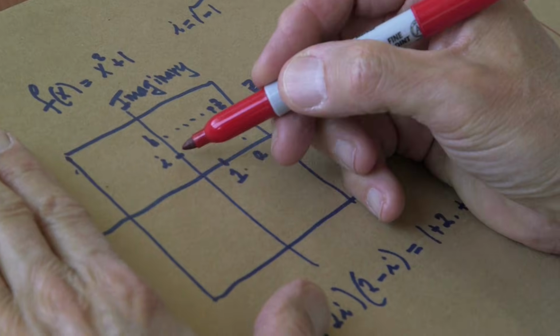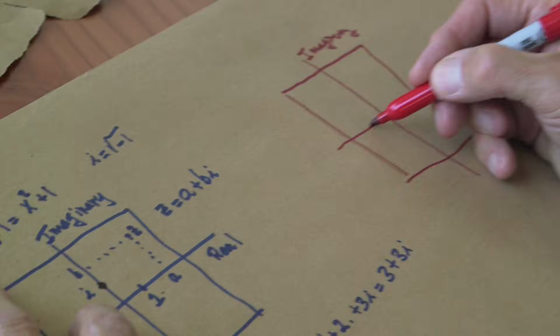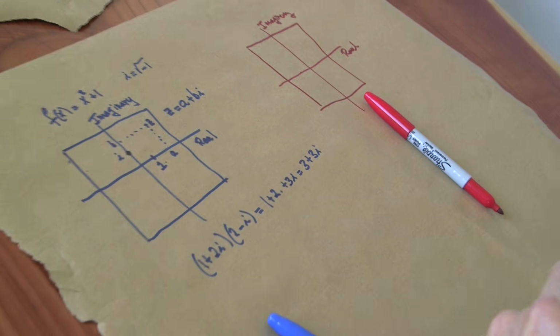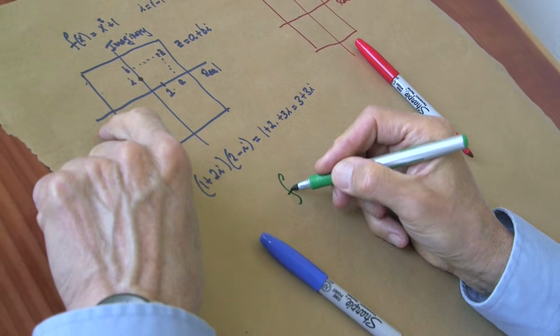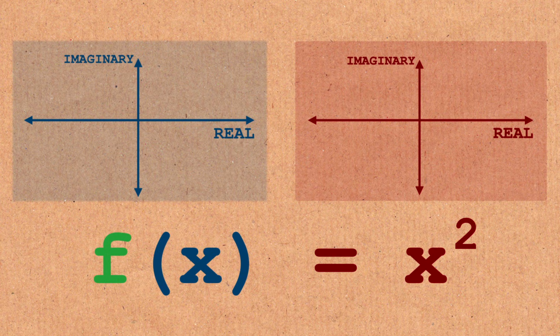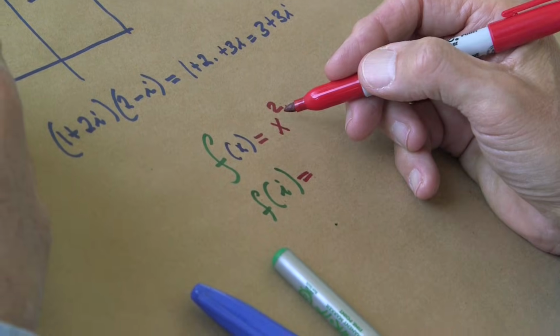For example, I could square i, and I would record the value of the square over here. So if my polynomial f, let's use green for the polynomial, is f of a blue x is a red x squared, for instance, then f of i would be i squared, which by definition is minus 1.